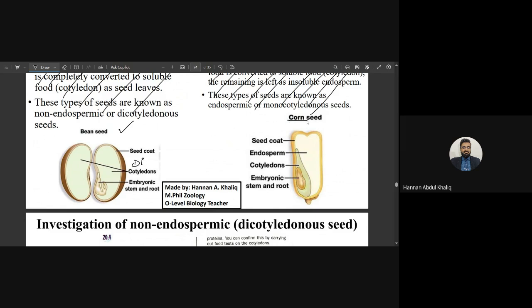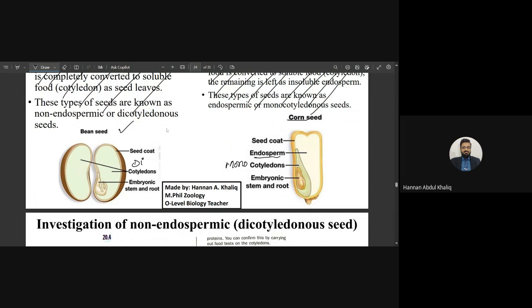But when you see a corn seed, it contains one cotyledon, so it would be called monocotyledonous, and you can also see the endosperm. So this is the basic difference. If there are two leaves, they would surround the whole endospermic tissue. If there is one leaf only, it would not be completely surrounding the endosperm tissue, and you can see the endospermic tissue there.